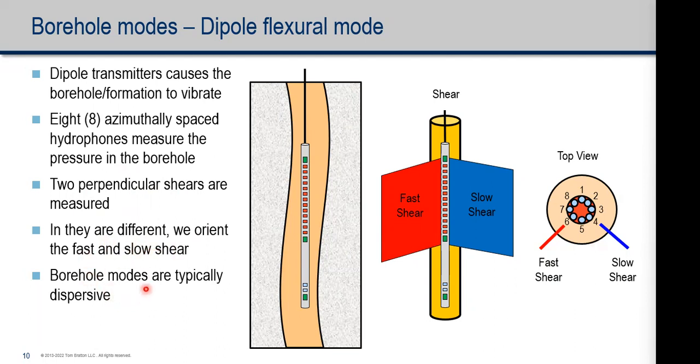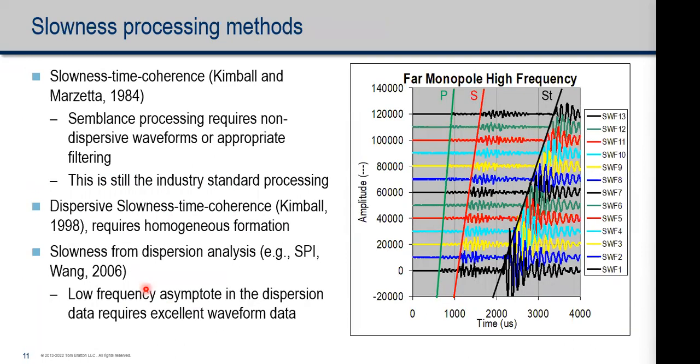The borehole modes are typically dispersive, and that's a problem. In processing waveforms, the industry standard is slowness time coherence. This was introduced by Kimball and Marzetta in 1984, but it doesn't really work on dispersive waveforms.